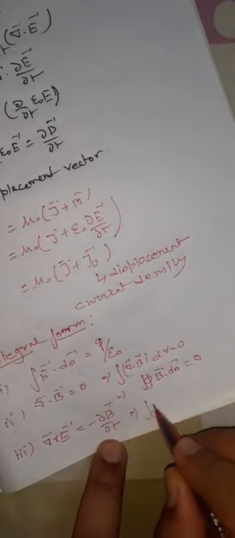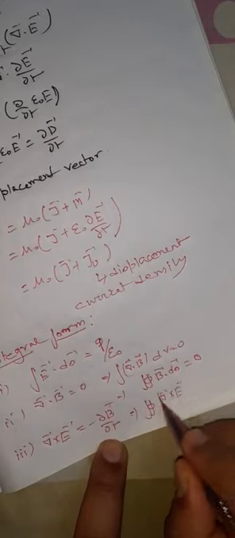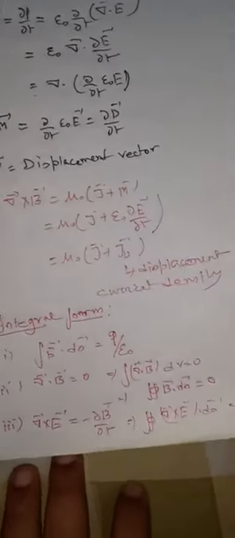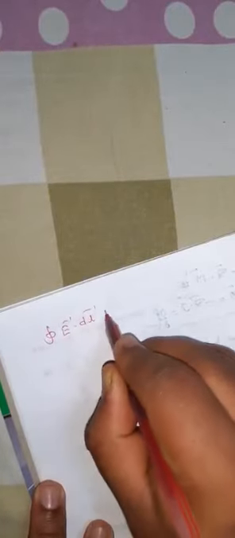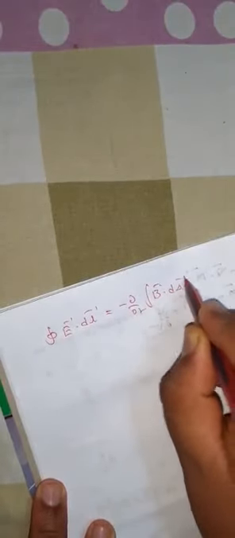So I can write this as curl of E dot dS. Stokes law. Actually we have done this in the reverse way. So del B del t dot dS. So we can write it finally as E dot dl is equal to minus del del t of B dot dS. This is the third one.